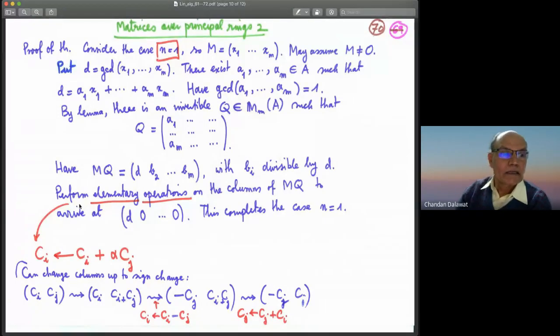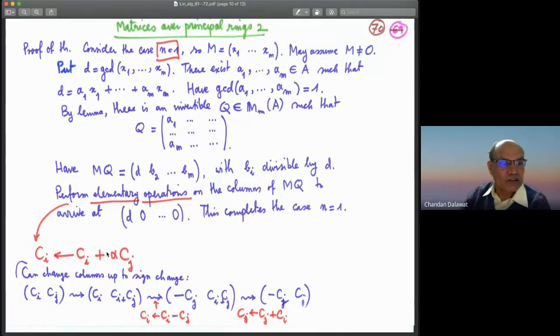Now, there are these things called elementary operations, which correspond to multiplication by invertible matrices. These elementary matrices we had introduced maybe on the last slide last time. So multiplication by an invertible elementary matrix on the left corresponds to an elementary row operation, and multiplying by an elementary matrix on the right corresponds to a column operation.